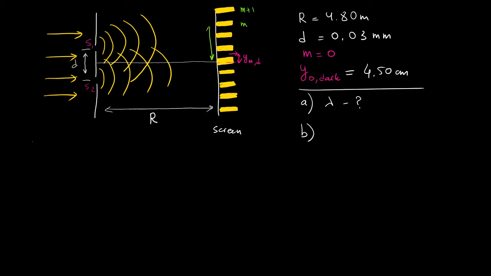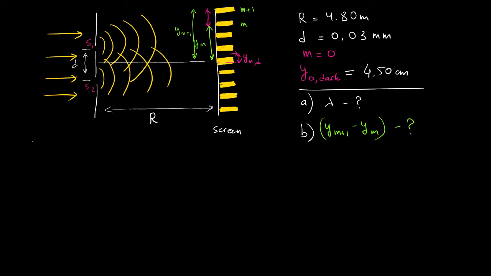The position of the mth bright fringe will be ym, and the position for the m plus 1th bright fringe will be ym plus 1. We want the distance between them, which is the difference between their positions. In other words, we're looking for ym plus 1 minus ym.